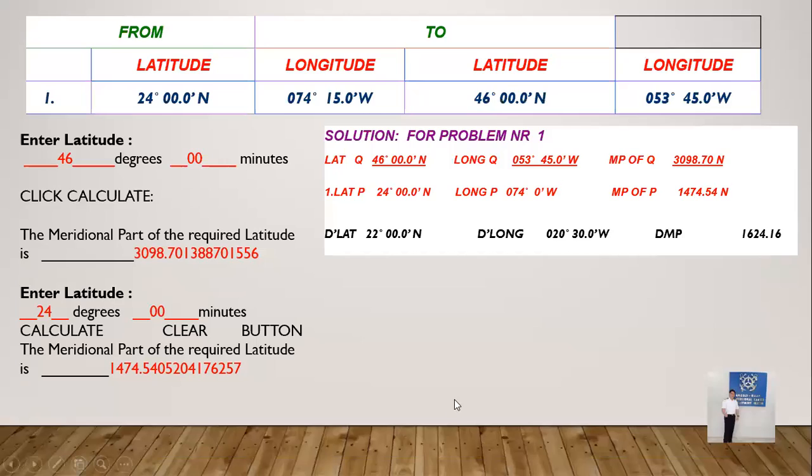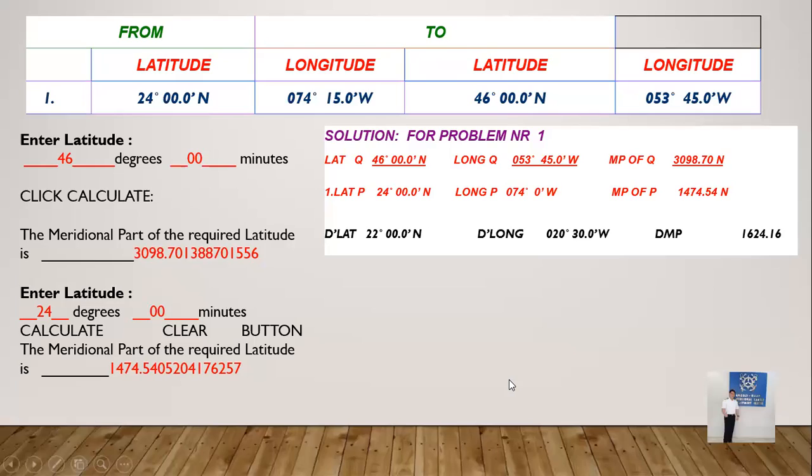Have you done it? Yes, sir. Okay, so this will be your exercise for today. Mostly it is already solved, but you have to solve for the course and distance. It's just a guide, a practice exercise for you. And for tomorrow, I will give you the laboratory itself.